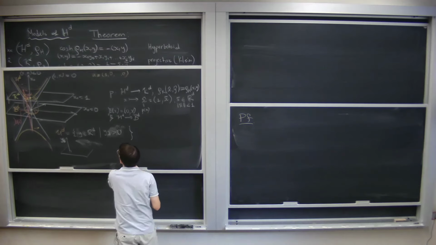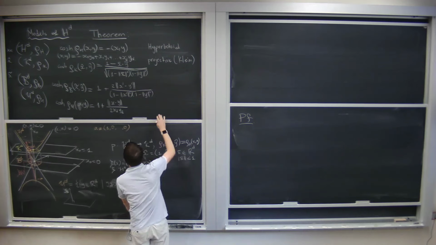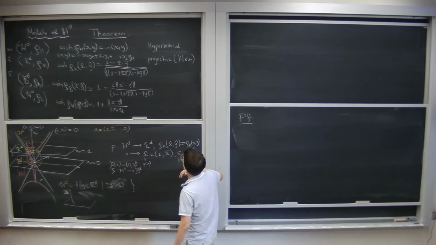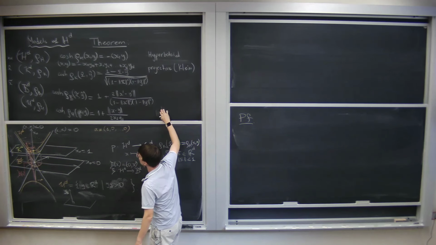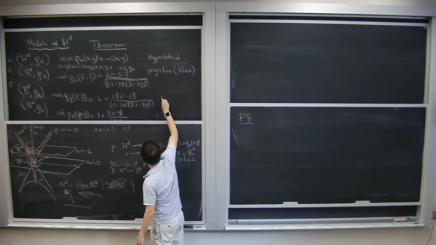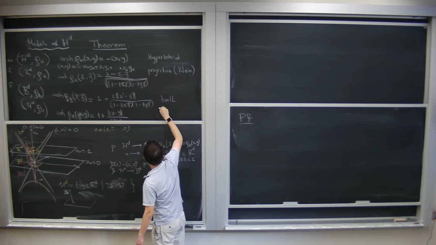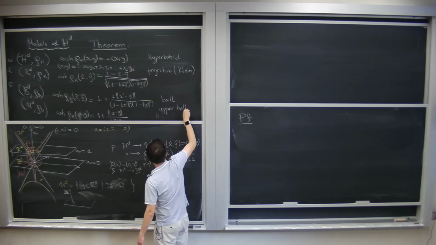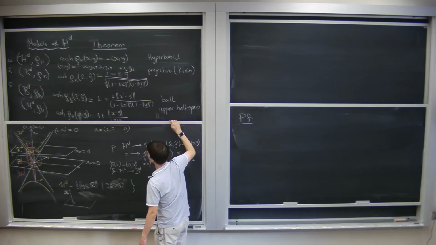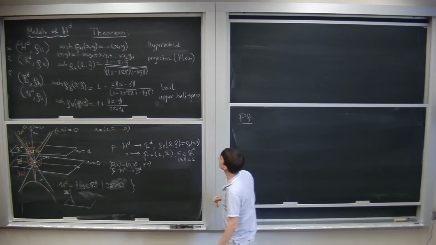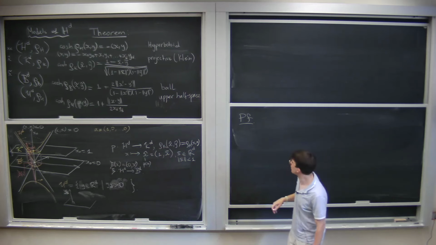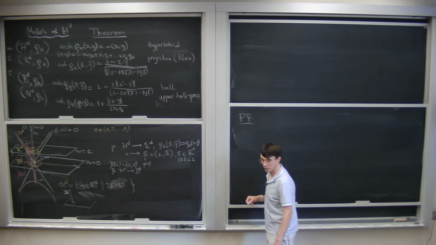Perhaps I will use the picture. Yeah, I didn't write that. This is my ball model, and upper half space. So this is upper half space, B is ball, K corresponds to Klein. Okay, so the proof is here.